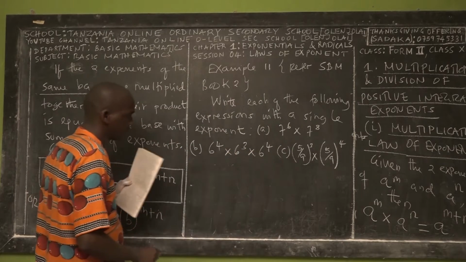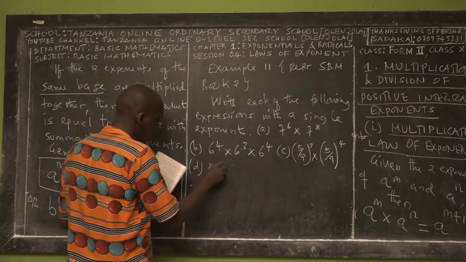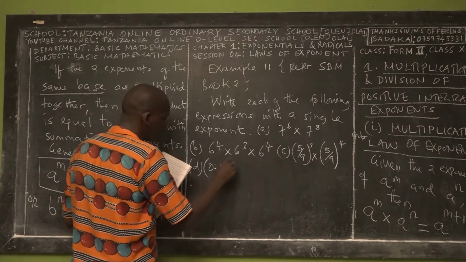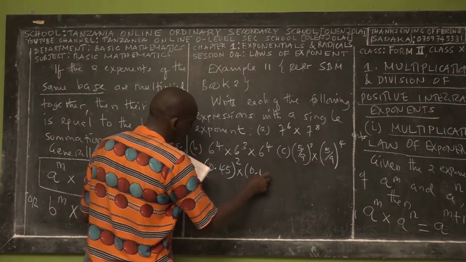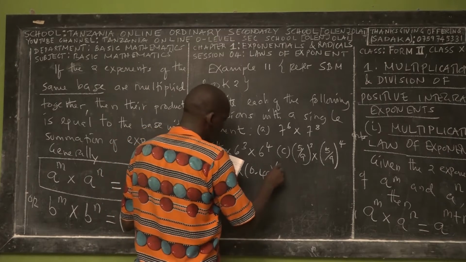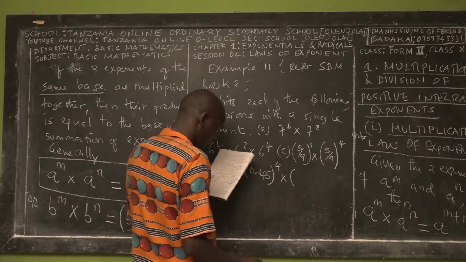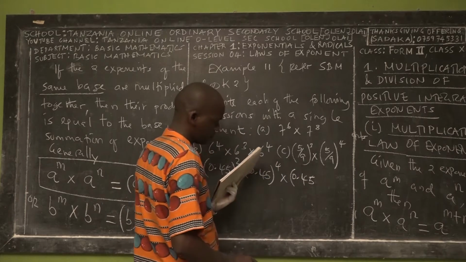D, we have 0.45 power 2 times 0.45 power 4 times 0.45 power 12.